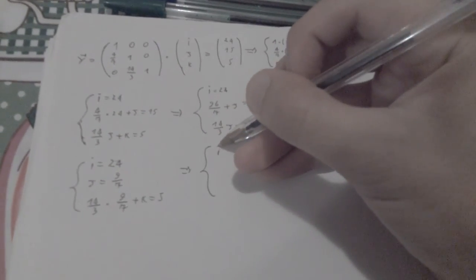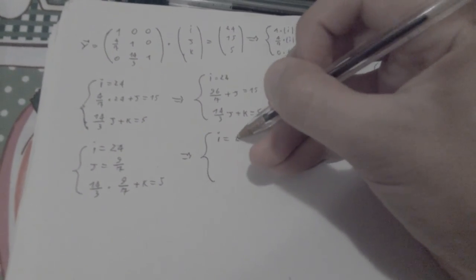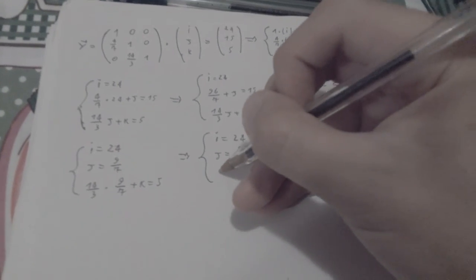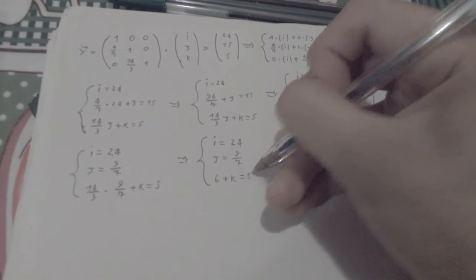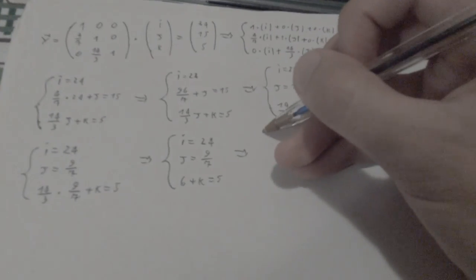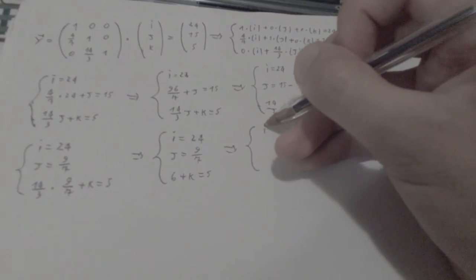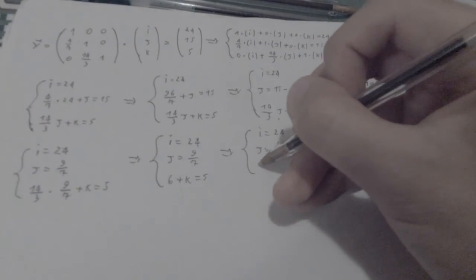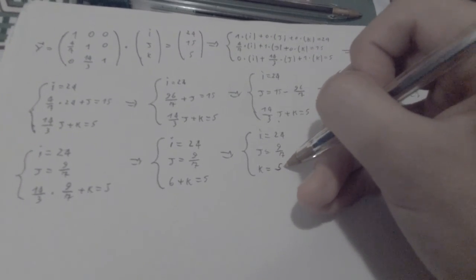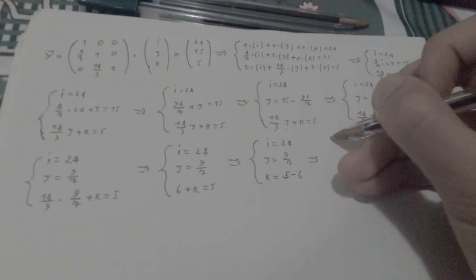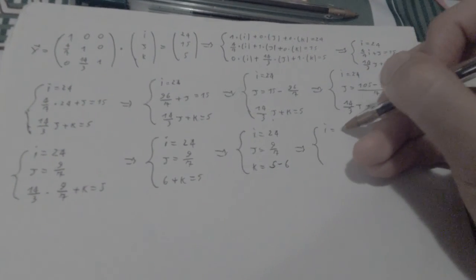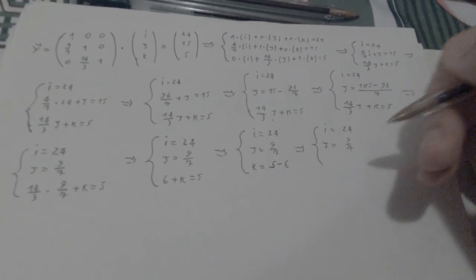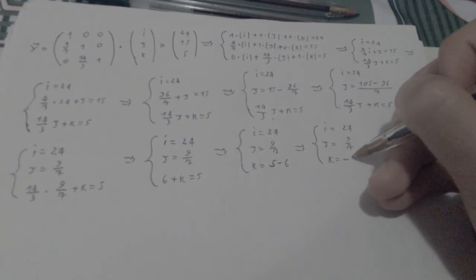And keep going on, and we have i equal to 24, j equal to 9 over 7, and 6 plus k equal to 5. And we keep going on, we're getting closer. i equal to 24, j equal to 9 over 7, and k equal to 5 minus 6. And last but not least, we have i equal to 24, j equal to 9 over 7, and k equal to -1.